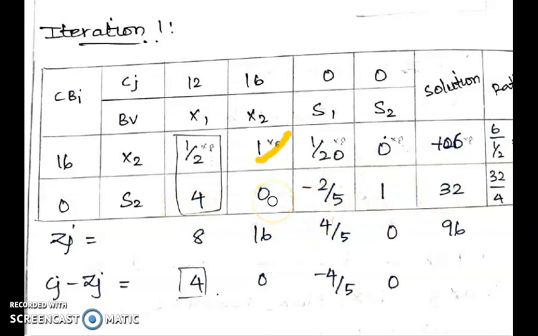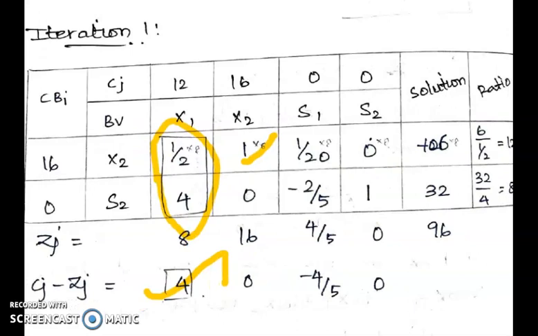Again we find the net evaluation, Zj minus Cj. We get 18, 4, 0, and so on, and the most negative value is minus 4. This is the entering variable. For the minimum ratio we have 6 divided by 1 by 2, which is 12, and 8 divided by 4.